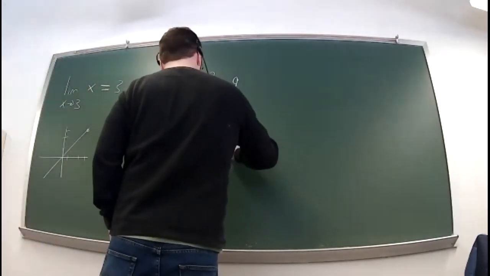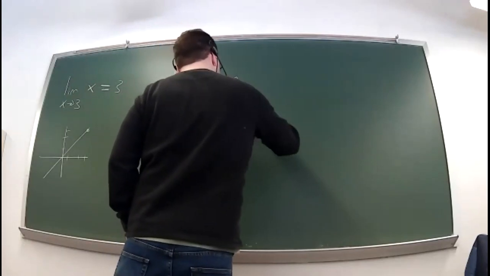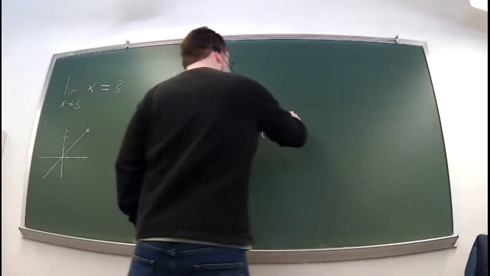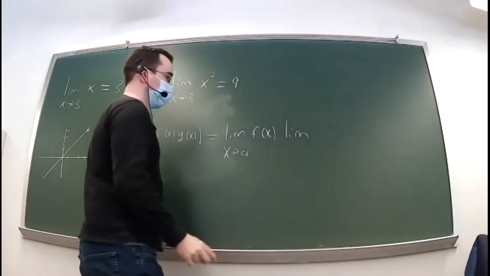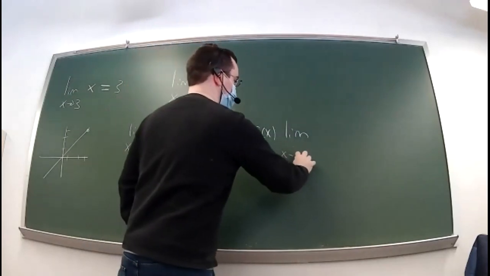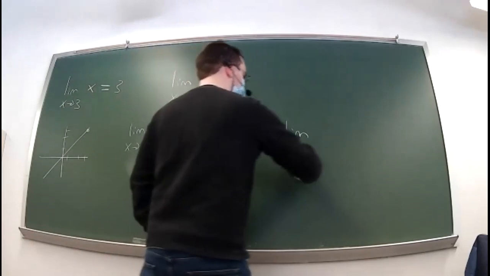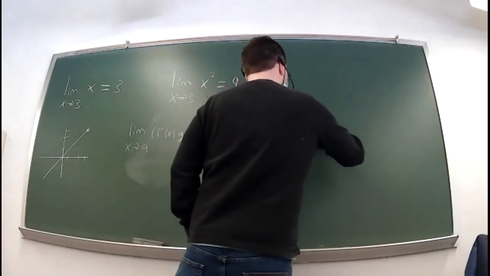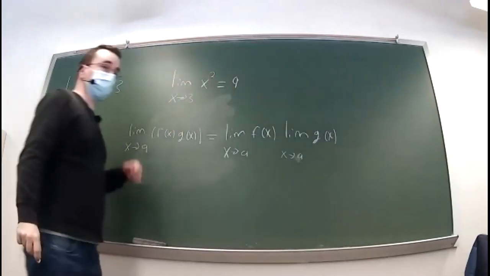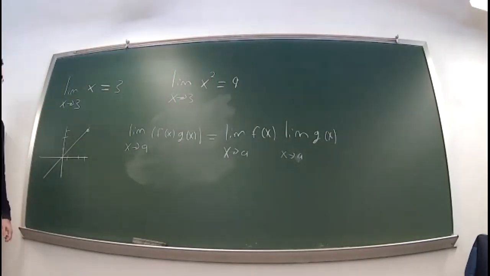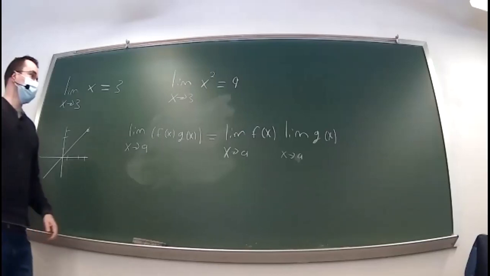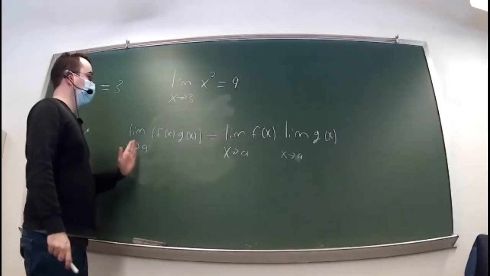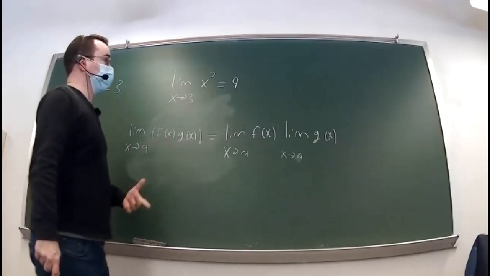So it's going to be the limit as x goes to a of f of x times the limit as x goes to a of g of x. So this is called a limit law. The limit of the product of the functions is the product of the limits.